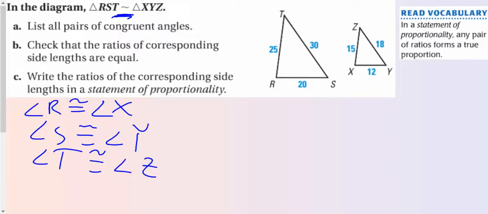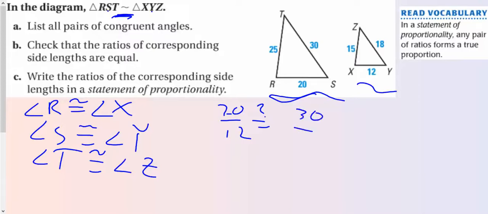So RS corresponds with XY, so 20 over 12, is that equal to ST, which is right here, 30 over YZ, 18. So I'm using the similarity statement to write the ratios here.